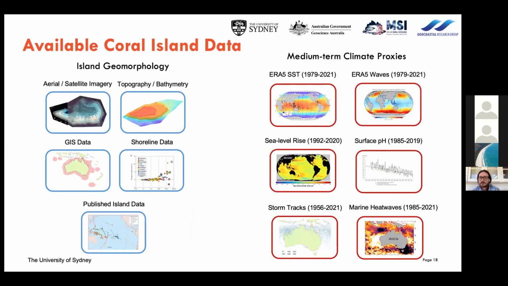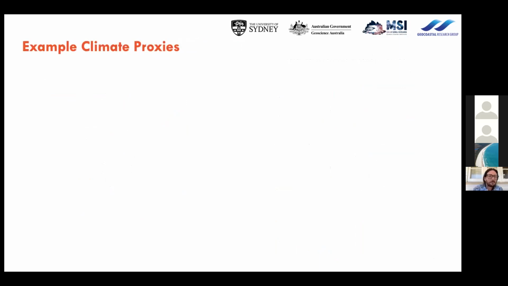So we have sea surface temperatures, ERA5 waves for the last 40 years, sea level rise, surface pH, storm history, and also marine heat waves, which obviously affect the biological components of reefs. So we can take all of these and give the locations a ranking for each parameter.